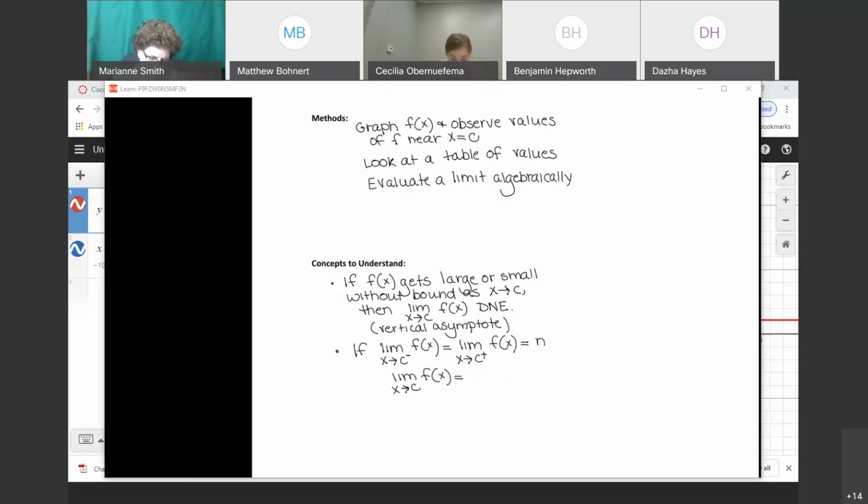If the two limits match and it's n, then you can say the limit as x approaches c is n. If this last situation isn't true, then the limit as x approaches c of f of x does not exist.